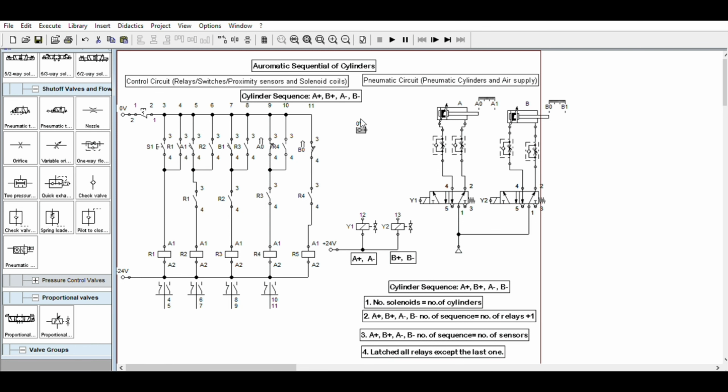Here, remember, A plus is triggered by this one, push button. At the same time, since that is indirect, we are going to control that with the relay contact. So we need one more relay here. Okay, let's try.